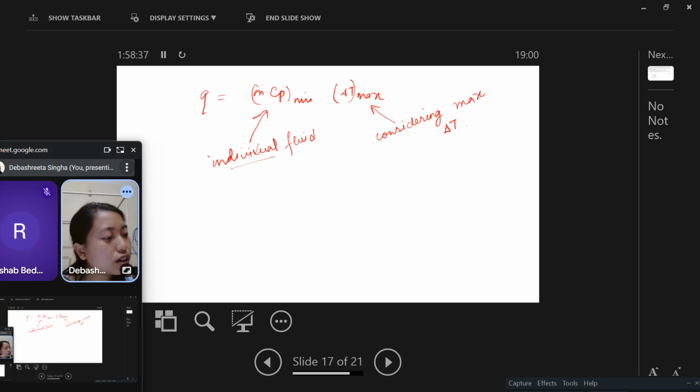Individual fluid means it can be either cold or hot fluid. In today's class, whatever we have seen is mostly of hot fluid only. But this Tmax is not for an individual fluid. It is the temperature difference between the hot and the cold actually. So it is considering both the fluids, the temperature difference between both the fluids.